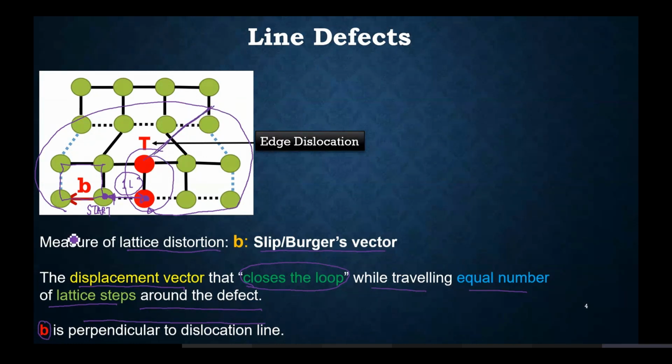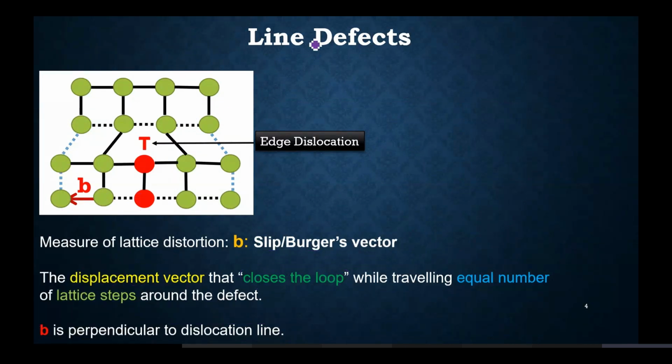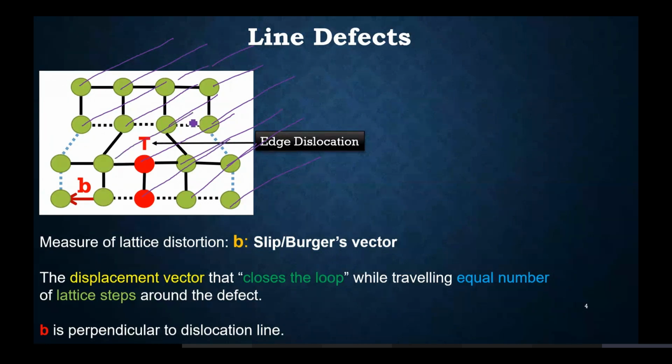If you're looking at the front face of the lattice, the dislocation line is going deep into the material, so your Burgers vector is essentially perpendicular to this line.